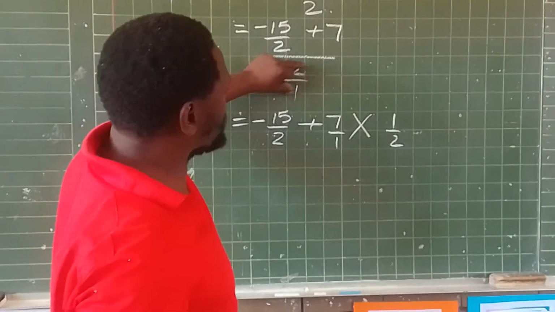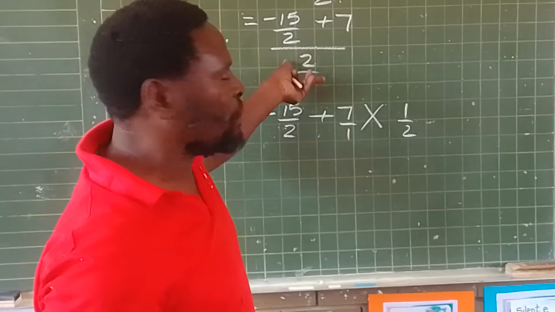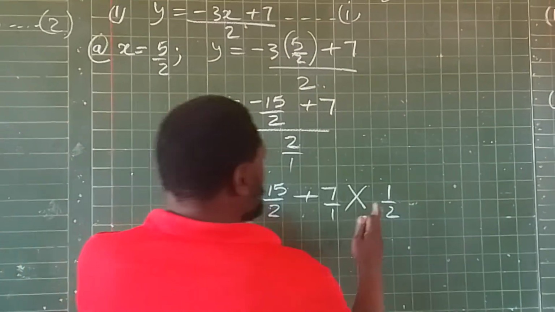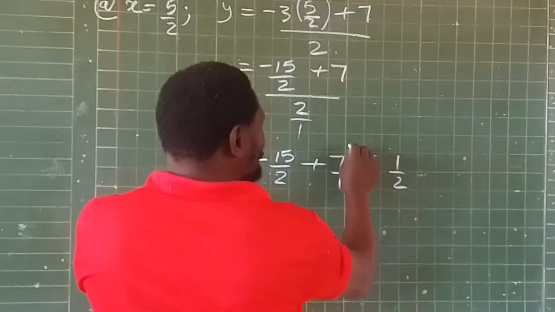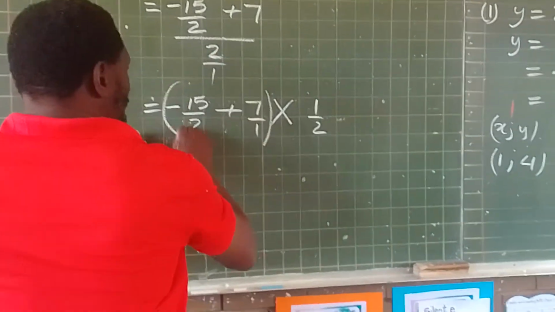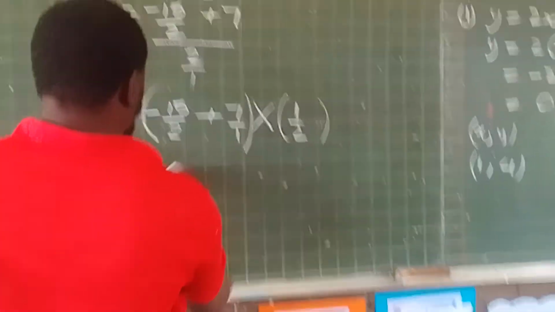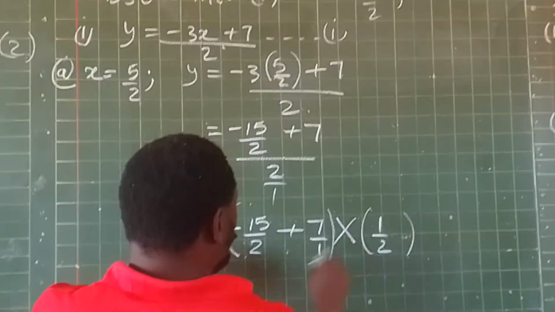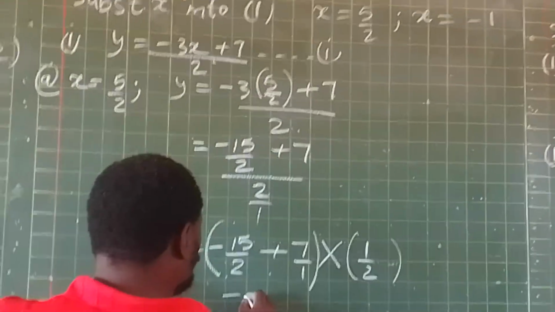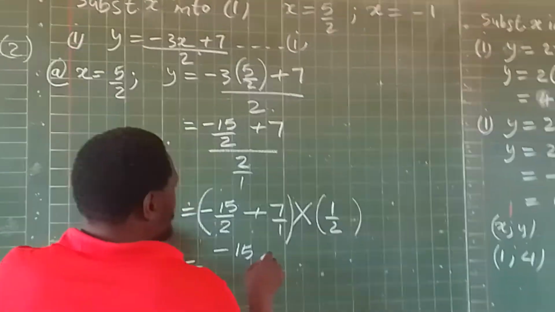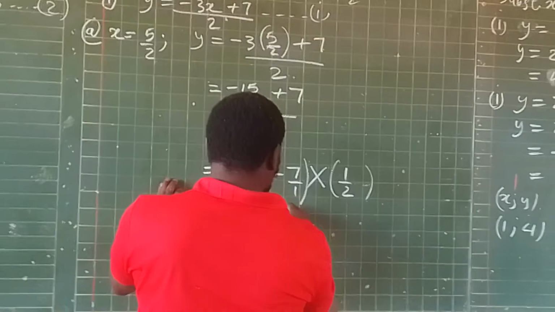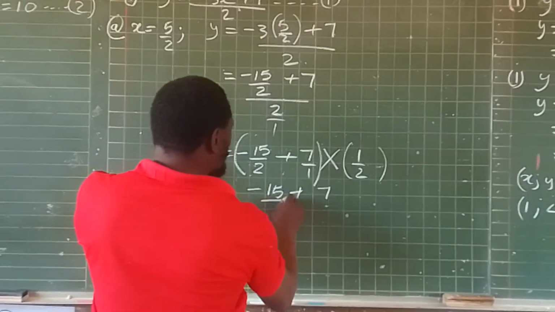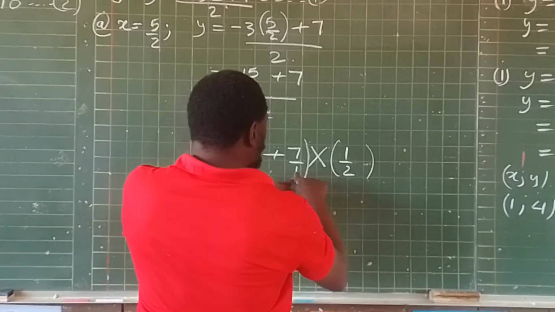When you do this, the numerator becomes the denominator and the denominator becomes the numerator. Now we have this, you are going to multiply this into this. This times 1 is minus 15, plus 7 times 2, over 4.